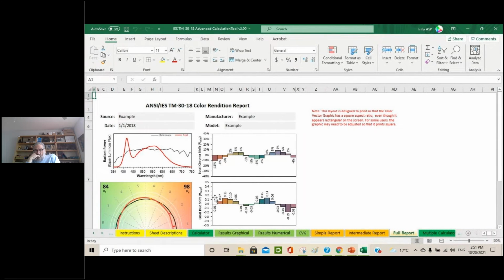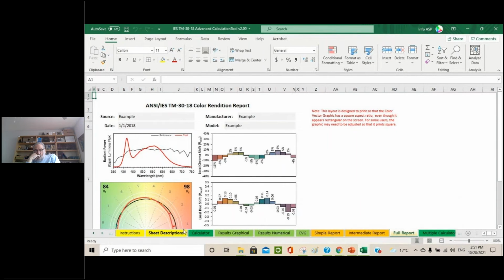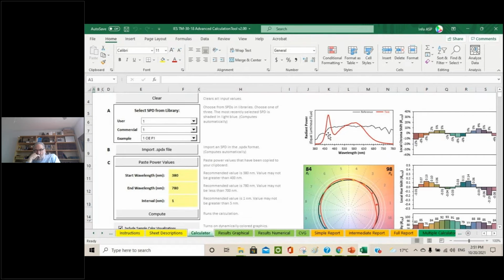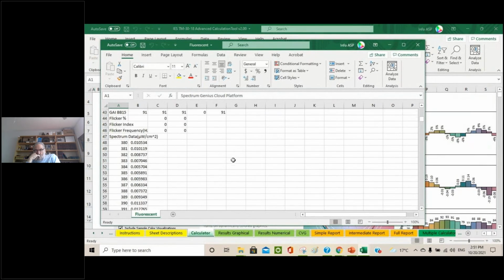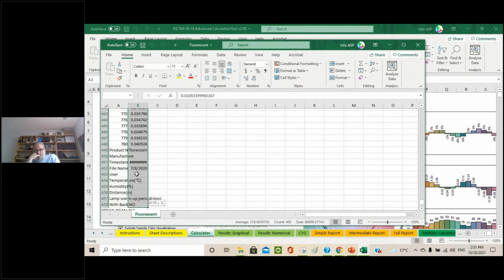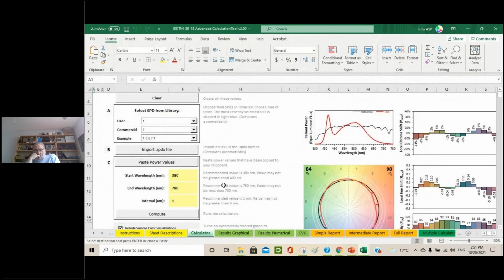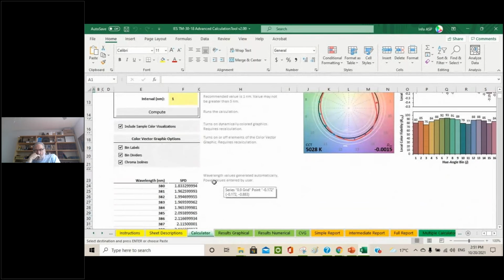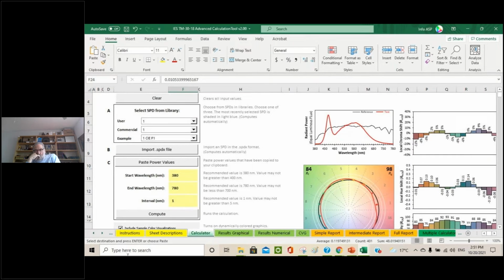So let me show you another demonstration. For example, I want to change it back to fluorescent. So now I'm going to go to the fluorescent file. I copy the fluorescent data, SPD of the fluorescent data, Control C, and I would copy it here under SPD, Control V, and then pay attention to the curve.